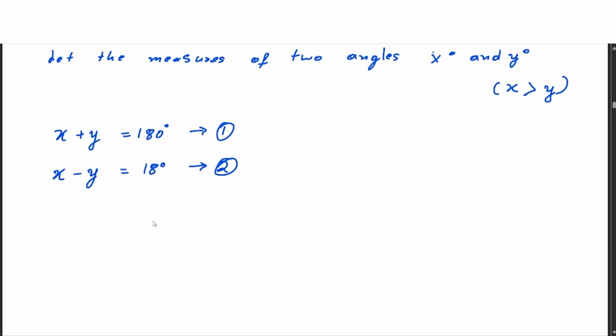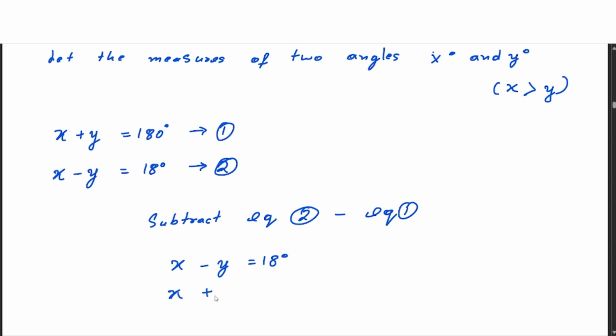Okay, so we can subtract equation 2 minus equation 1. You can use any method which you feel comfortable with. So x minus y is equal to 18 degrees, and in the same way x plus y is equal to 180 degrees. Now subtract.